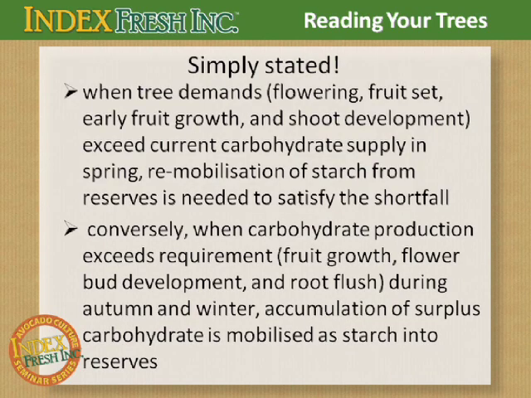So, let's begin with some principles. Now, I want you to get these principles clearly understood. First, when tree demands in the spring, the flowering, the fruit set, the early fruit growth, the shoot development, and the late hanging of mature fruit on your trees, exceed the current carbohydrate supply in spring, then remobilization of starch from reserves is needed to satisfy the shortfall.